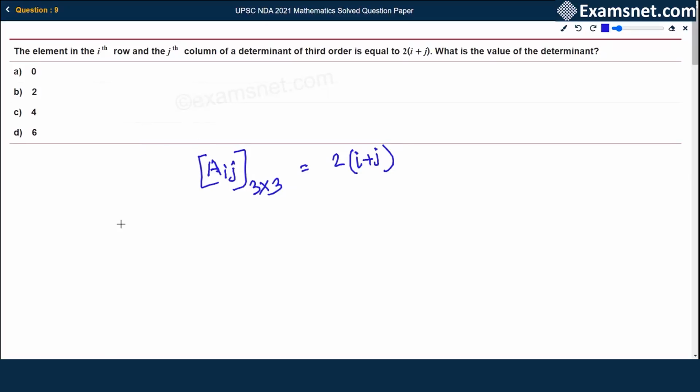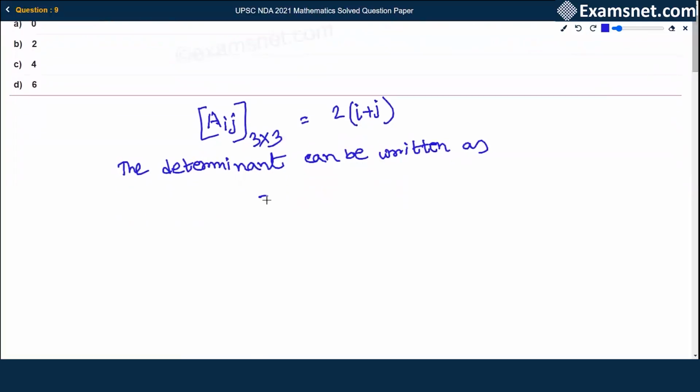Now the determinant can be written as, if I put all those values, 4, 6, 8, 6, 8, 10, 8, 10, 12.